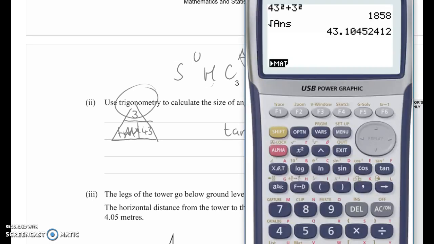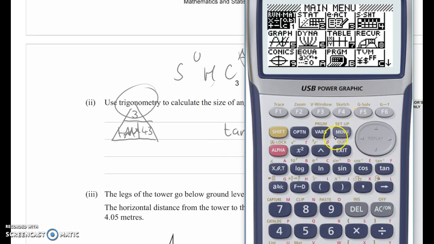So get up my calculator, and I'm going to go shift tan, and it's going to be 3 over 43. So I'm just going to put my 3 divided by 43 and close my brackets, equals.